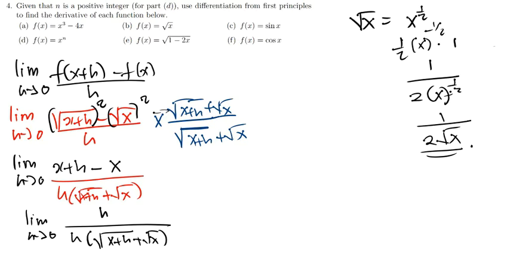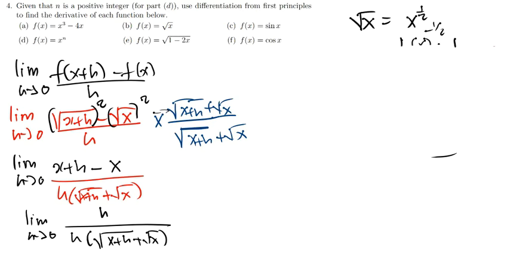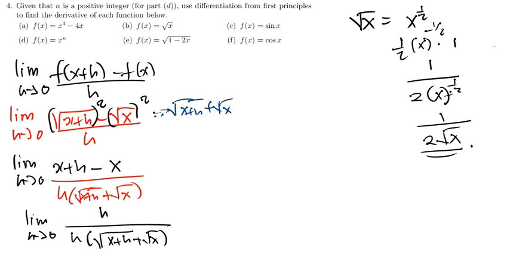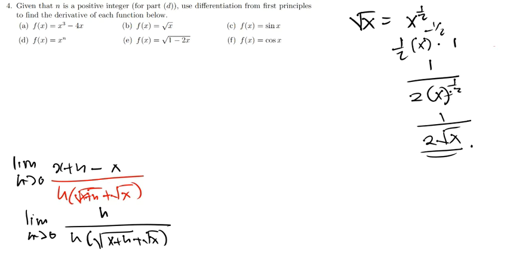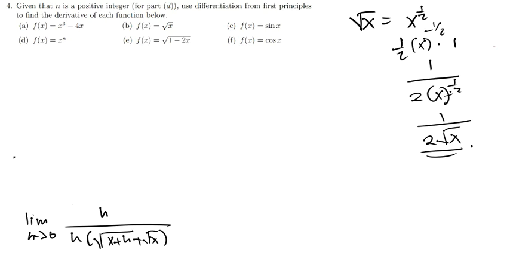When I reach at this point, I'm not supposed to get rid of that, because we're supposed to prove that indeed that is the answer we have found. When I reach at that point, what I'm going to do is I'm going to cancel h. Okay, I'm going to cancel h.